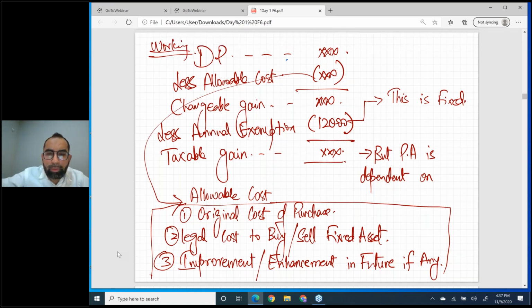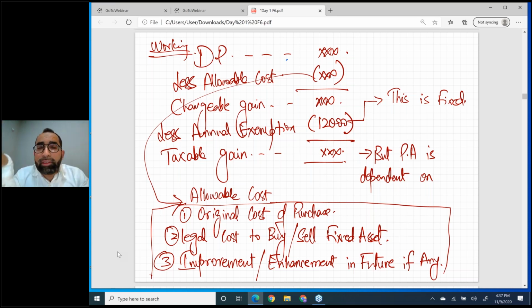These costs are allowed. Listen, number one, the original cost of purchase, the cost you paid to buy that asset. Then legal costs to buy or sell that fixed asset, including commissions as well, and improvement or enhancement costs. So these three costs are normally allowed in capital gains tax calculation.